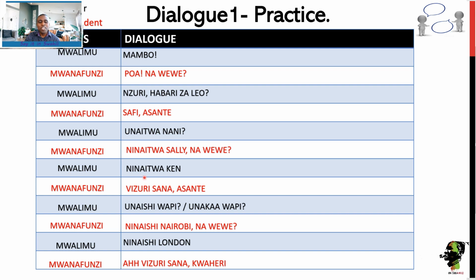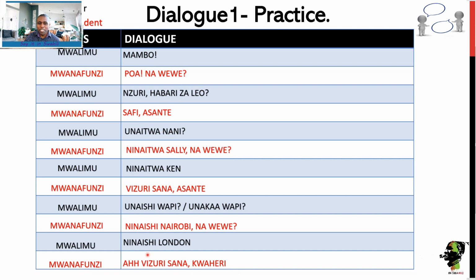My turn. Ninaitwa Ken. Your turn. My turn. Unaishi wapi? Or unakaa wapi? Your turn. My turn. Ninaishi London. Your turn.